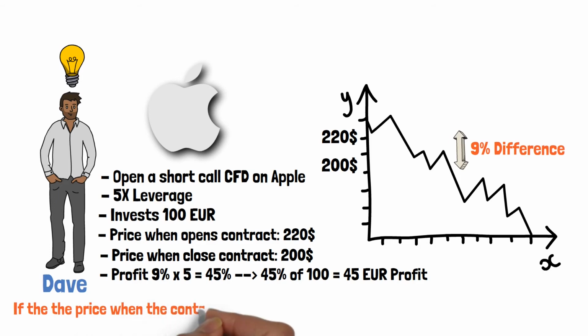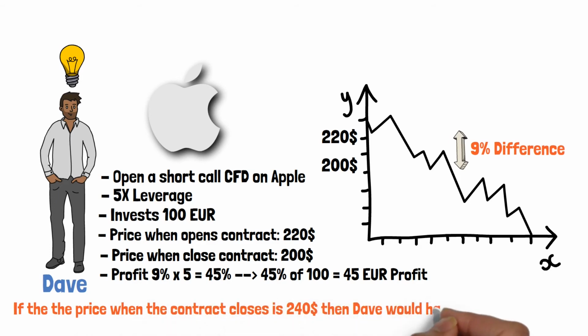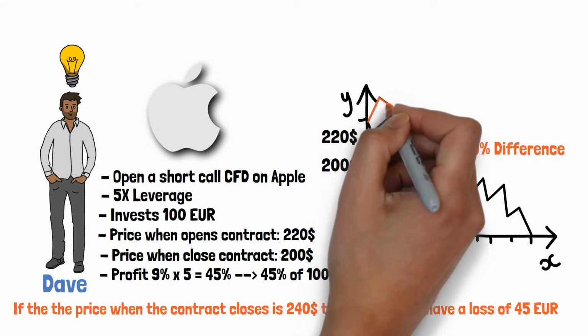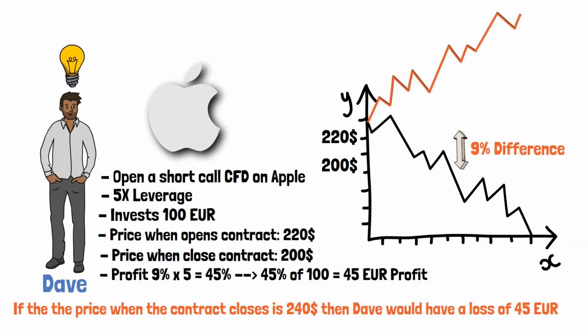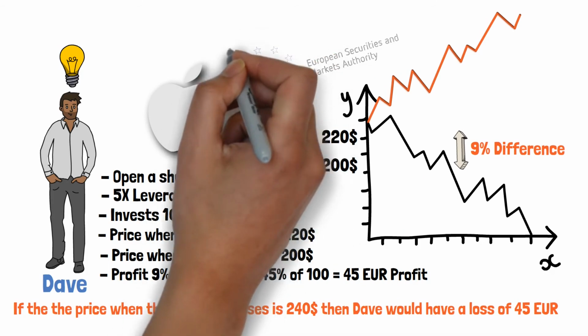It's worth mentioning that if Apple shares had kept going up and after 2 days it would reach the 240 euros and Dave decided to close the contract at that point, he would be losing 45 euros instead of making them in profit. A lot of you might be wondering, in this scenario, what will happen if the share keeps going up but Dave decides to not close the contract?